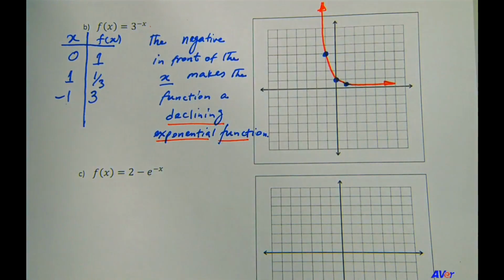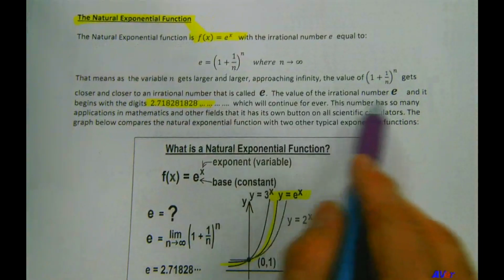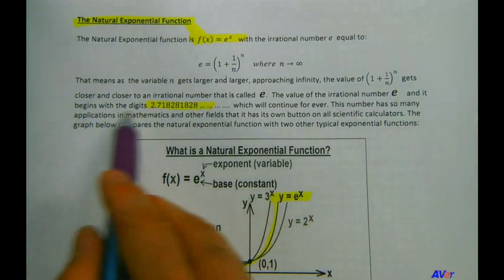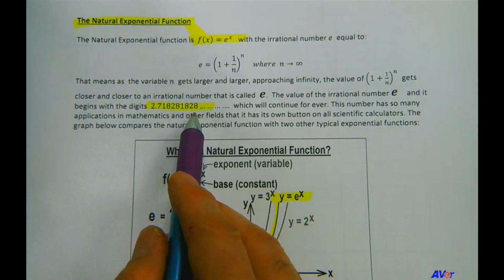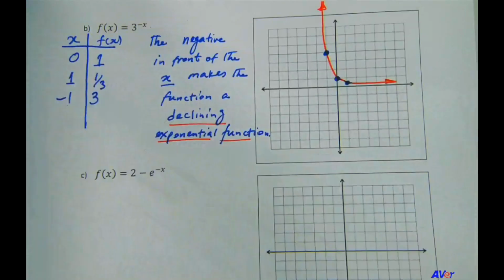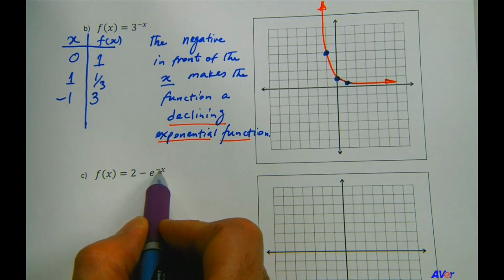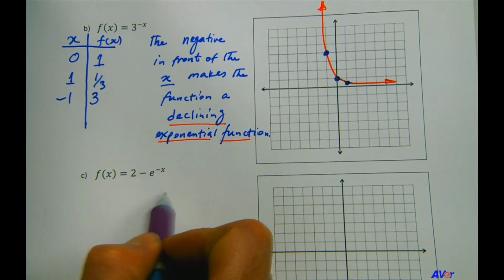On page 2, we said that E, the value of the irrational number E, begins with the digits, right? 2.718 something. So this number is greater than 1, so we would expect this graph to be increasing, but it's not, because we know that minus in front of the x makes this a declining exponential function.